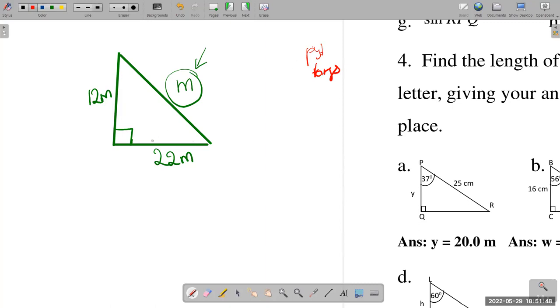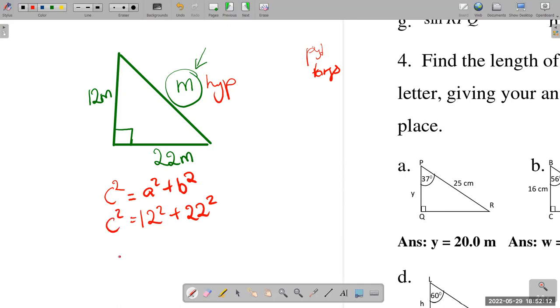All right. So what do we always start with? The formula. C squared is equal to A squared plus B squared. This is easy because C is the hypotenuse. So to find the hypotenuse, I've got to square the 2 other sides and add them up. That's 12 squared plus 22 squared. So C squared, what is C squared equal to?